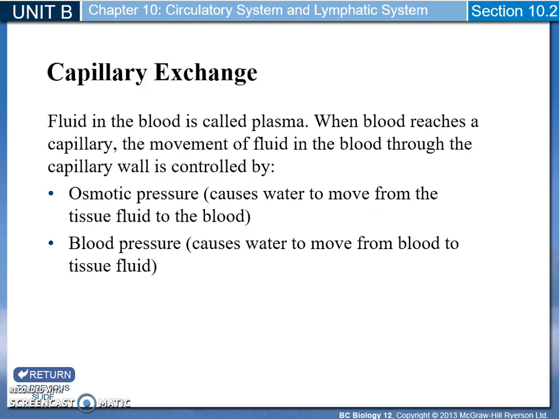So as far as the capillary exchange goes, fluid in the blood is called plasma. So when blood reaches a capillary, the movement of the fluid in the blood through the capillary wall is controlled by the osmotic pressure, which causes water to move from the tissue fluid to the blood, and that's largely simply because of the presence of proteins in the blood, which causes a gradient from the concentration of the fluid surrounding the body tissue to the concentration in the blood.